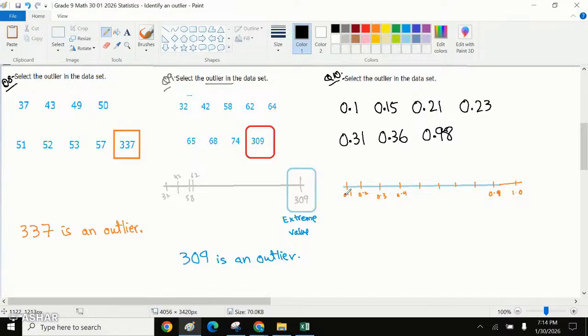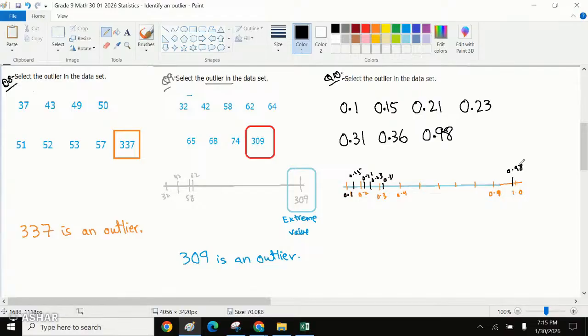So if I highlight the numbers 0.15, 0.21, 0.23, 0.31, but 0.98 was out of the range, right?